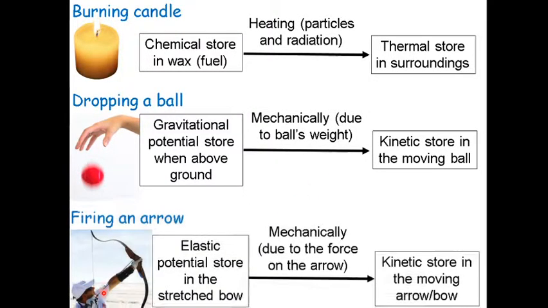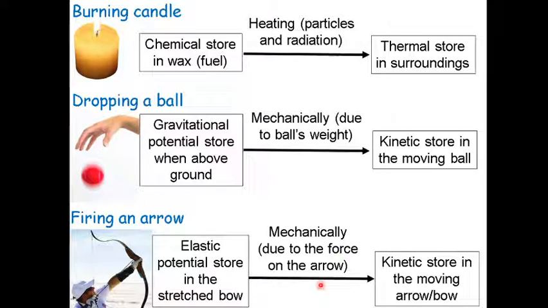And then the last one was firing an arrow. The person is stretching the bow back ready to fire the arrow, and that means energy will be stored as elastic potential in the stretched bow. It's a little bit like the catapult example from the start of the lesson. Once the arrow is released, the force on the arrow will cause it to fly out, and the bow will also move, so there'll be movement going on.